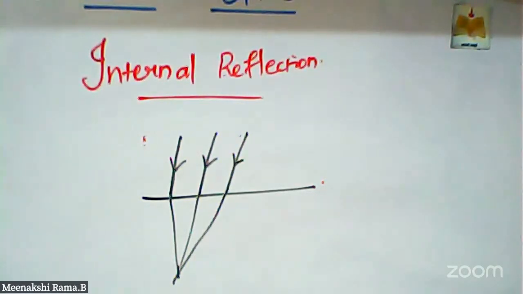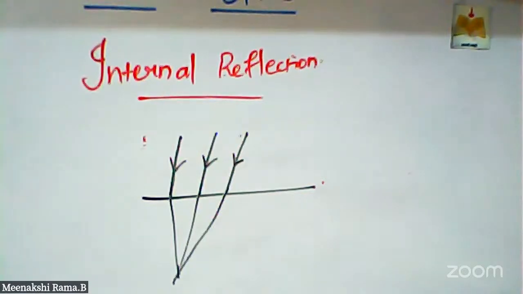When the angle of incidence exceeds the value of the critical angle, r is 90 degrees, so the total light is reflected back into the same medium. This is called internal reflection.